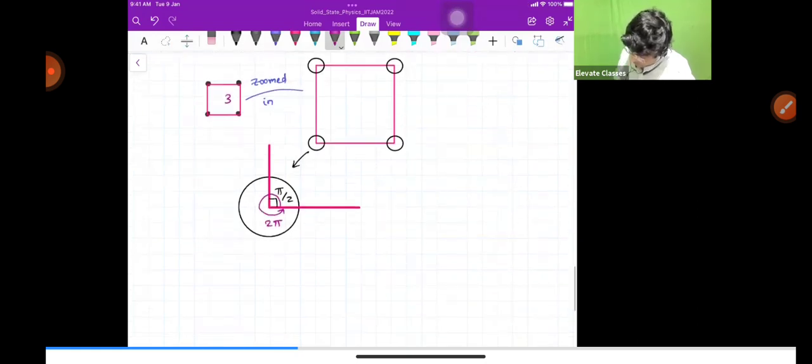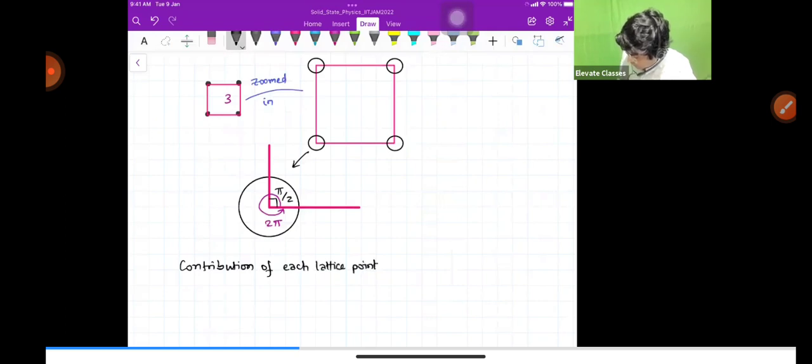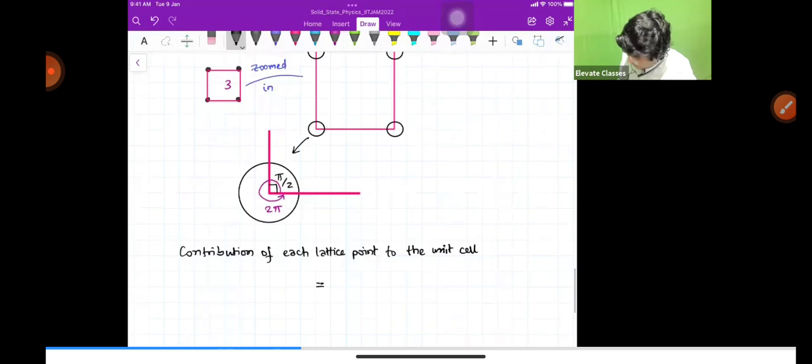Now, if you try to find the contribution of each lattice point to the unit cell, you can directly write this down. Pi by 2 is the angle inside, and this is 2 pi, so you get 1 by 4. Each contributes 1 by 4.